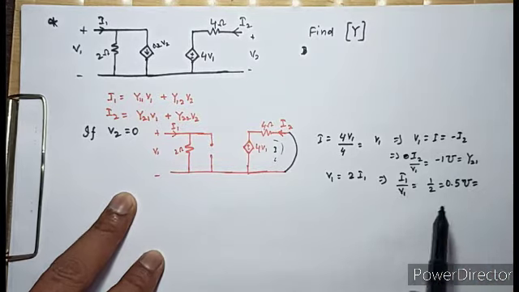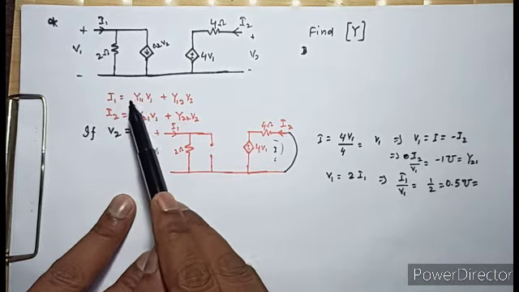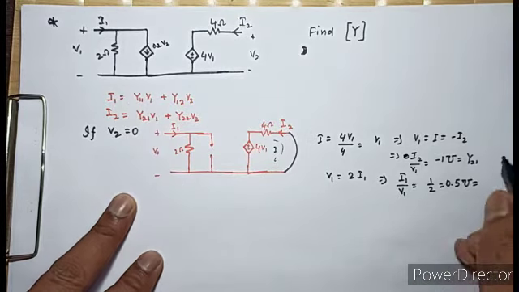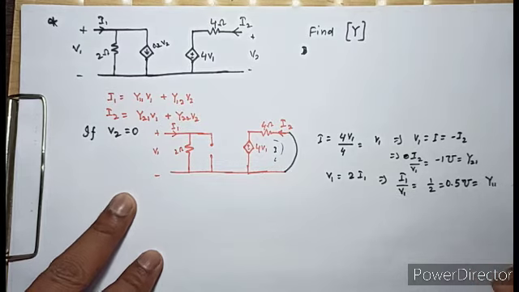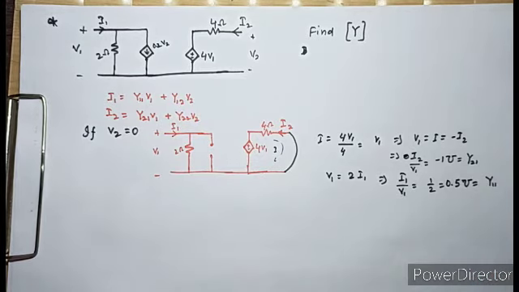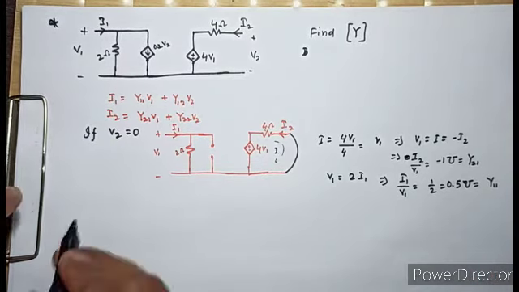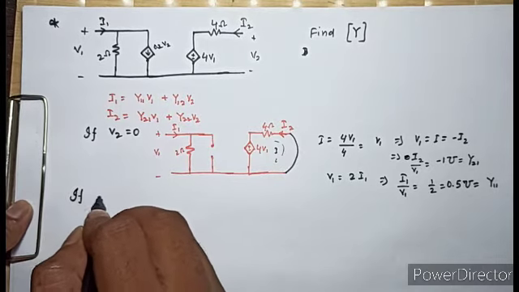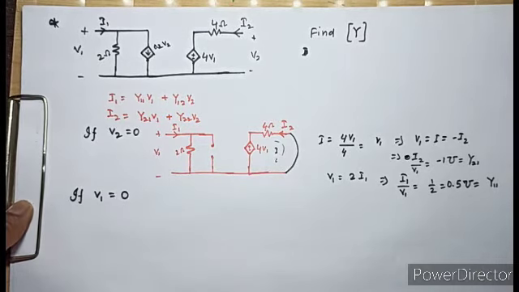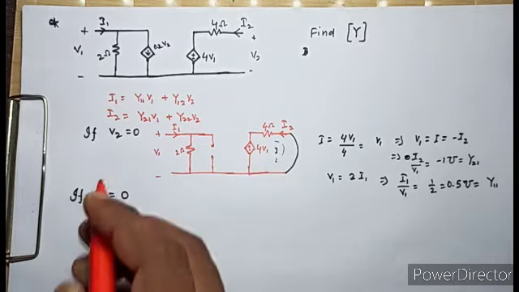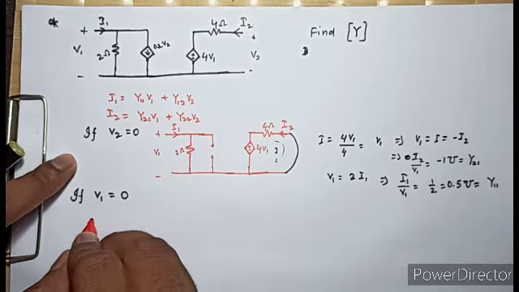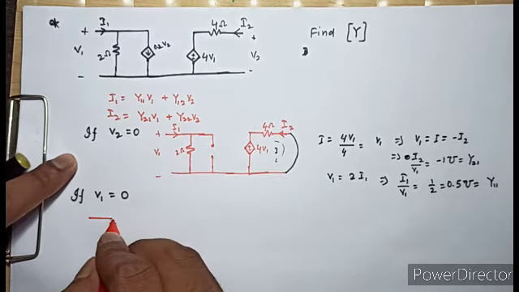and this is nothing but I1 by V1, which is nothing but our Y11, right? Now if V1 is equal to 0, then circuit will become like this.